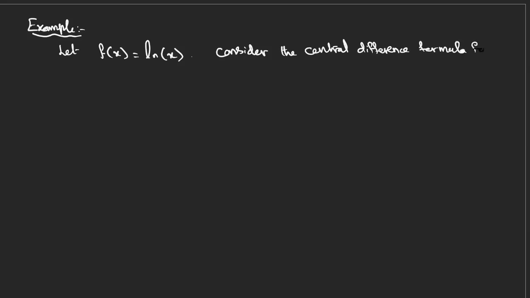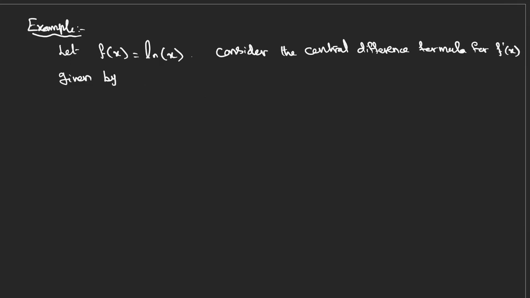Let us do another example. Let us take the function f of x equal to ln of x, where ln is the natural logarithm. And let us consider the central difference formula for approximating f dash of x.